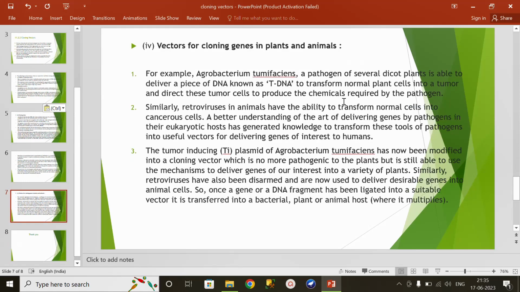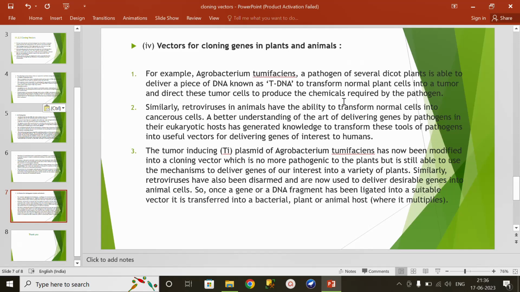So the fourth is vectors for cloning genes in plants and animals. What are the different vectors that are used for cloning genes in plants and animals? Obviously, for E. coli, pBR322 is used for the production of transformed E. coli cells.